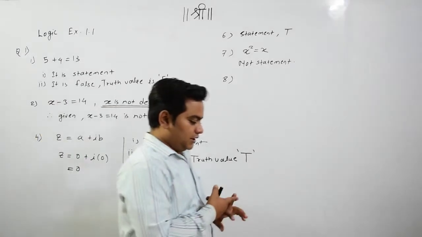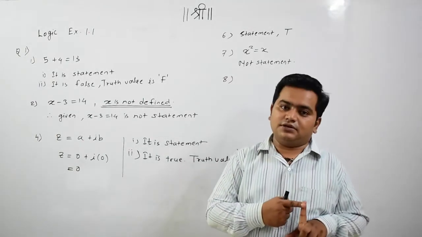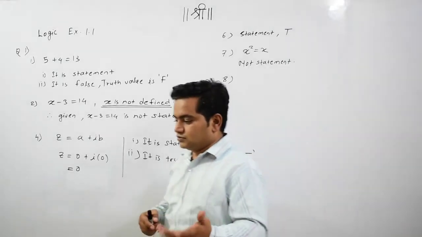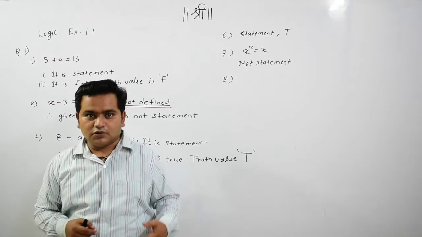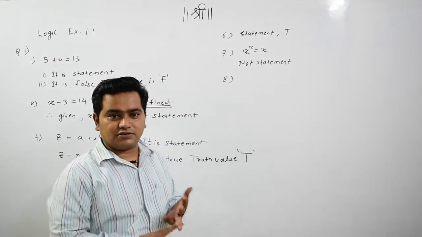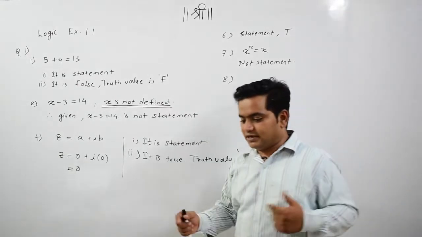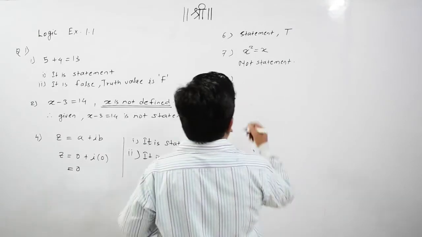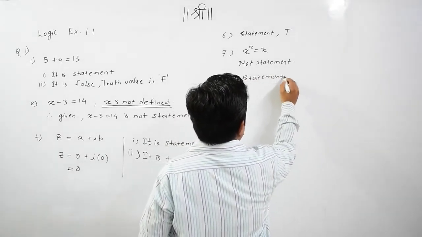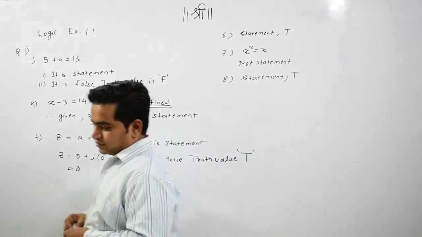The information is regarding the quadratic equation, and the justification says that it has up to two roots, not more than two. So the justification says that it is true. It has its justification plus its information. It is a declarative sentence. Hence, the given sentence is a statement, and its truth value is T. So it is true.